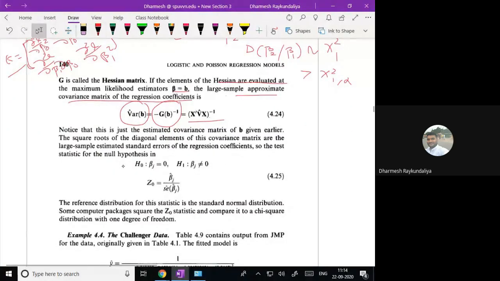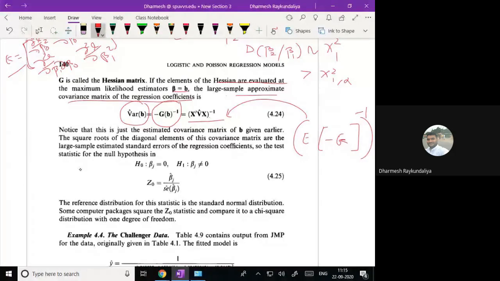If you remember, I told you to take the minus of the Hessian matrix G and its inverse, which gives the variance-covariance of b, because we have considered sigma square equal to 1. That is how the variance-covariance of b is X' V hat X inverse, or in our case with W.